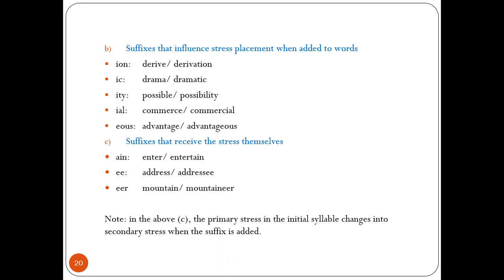The first syllable had a strong stress, but now it is stressed but with secondary stress. So now the word becomes different. It has three syllables where two are stressed, and the final one is strong stress, and the first one is weak stress, which means secondary stress.